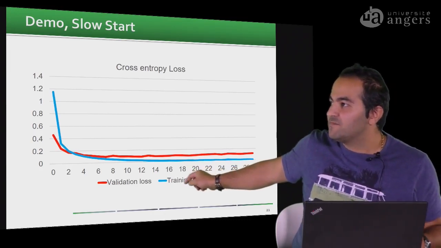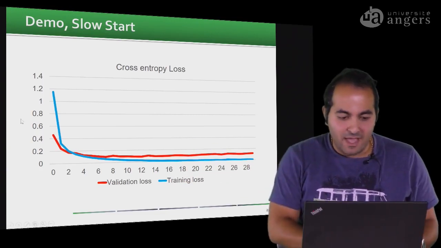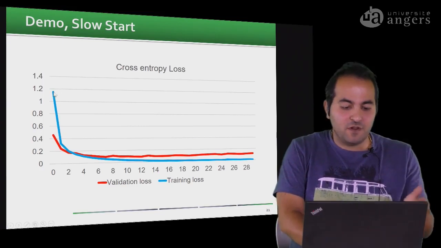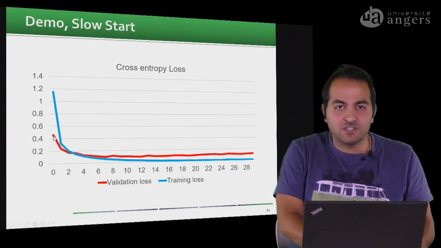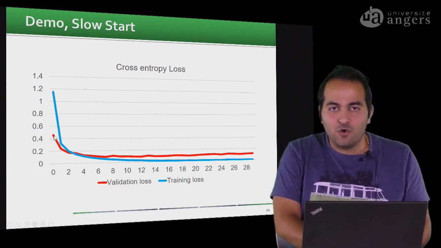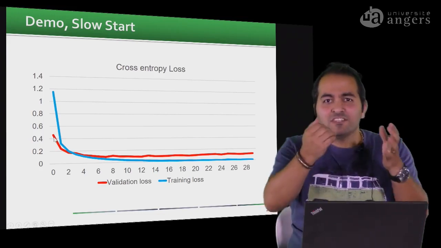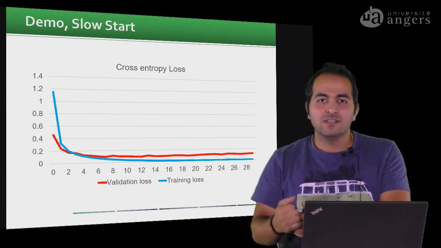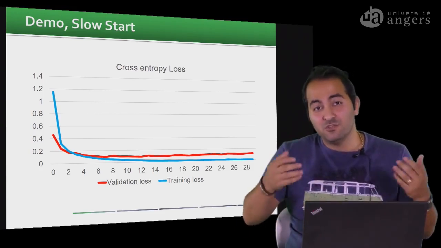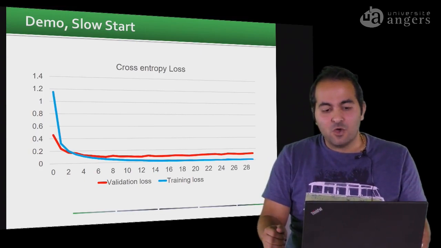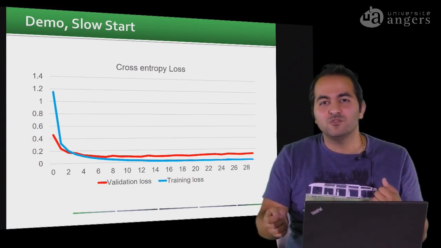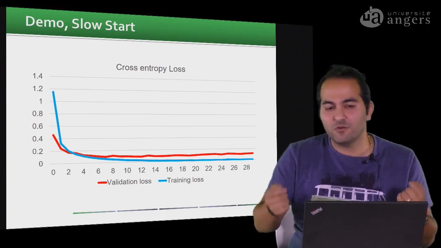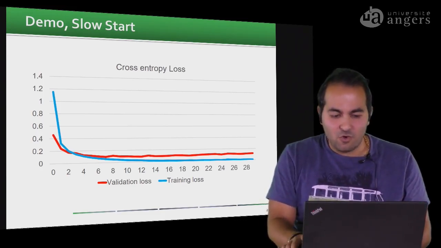So we see that the loss function starts from here at the beginning, and it goes down slowly, or is reduced slowly. So what can we do to reduce it a little more quickly?